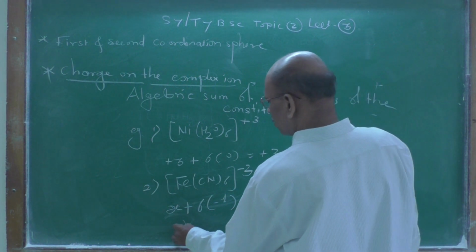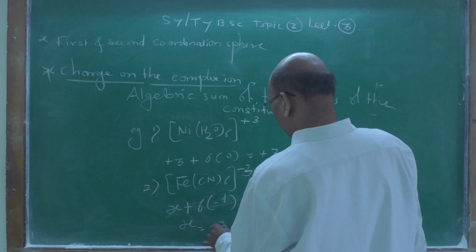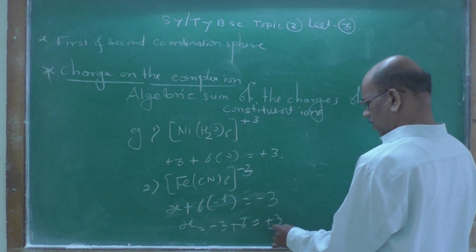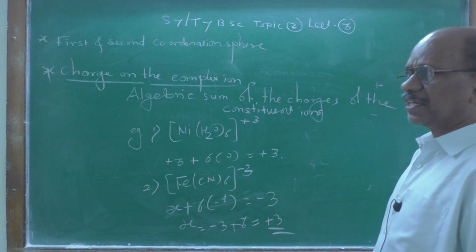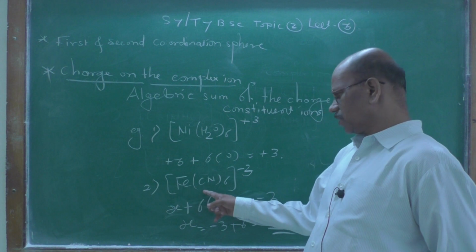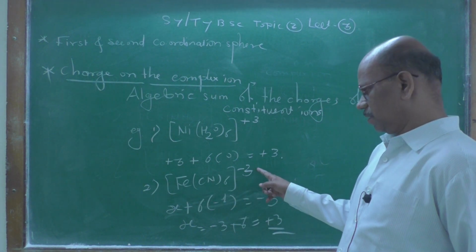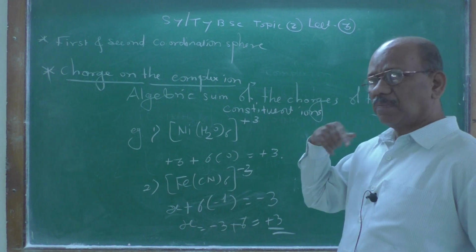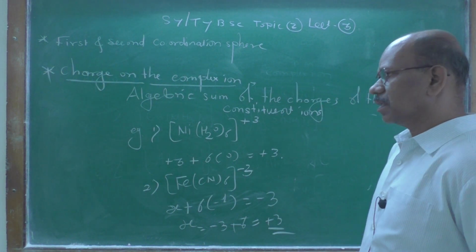So X is equal to -3 plus 6, so is equal to +3. So the oxidation state of Fe is +3. So +3 minus 6 is equal to -3. Means from the charge on the complex ion, we must know the oxidation state of the metal ion.